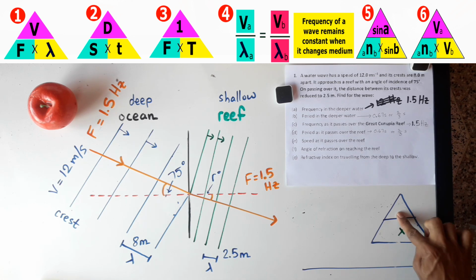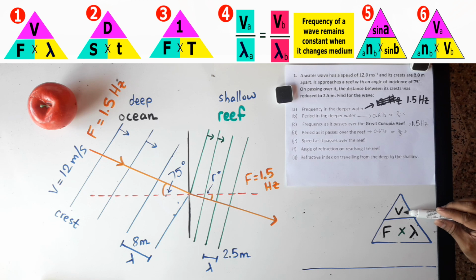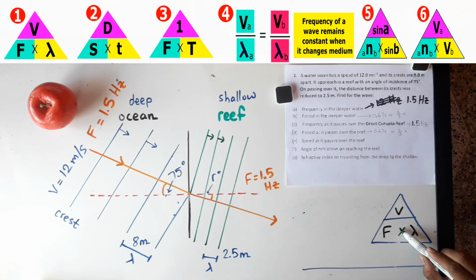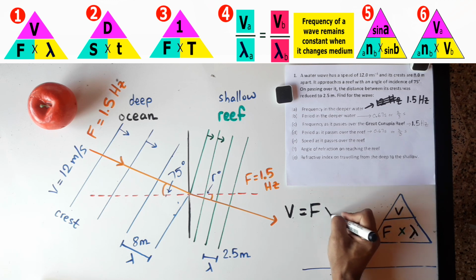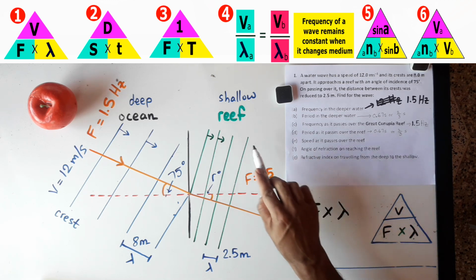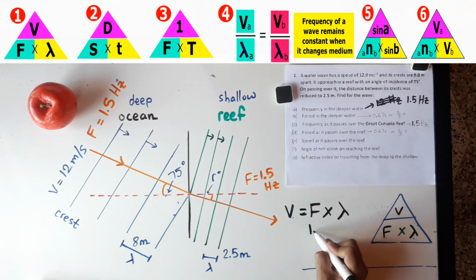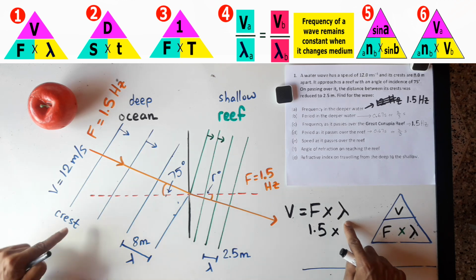Alright, so let's see the speed as it passes over the reef. We are going to use formula 1. Velocity is frequency multiplied by wavelength. To calculate the speed or velocity, we just have to take the frequency and multiply by the wavelength. In the reef part, the frequency is 1.5, but the wavelength is no longer 8.